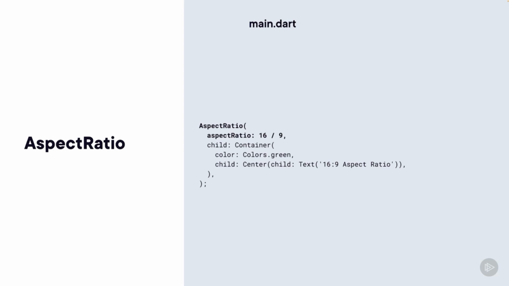No matter the screen size or orientation, this container will always keep this ratio, making it great for media content or other UI elements that need a consistent shape. We already have seen a demo of aspect ratio in the previous video. Let's quickly see another demo of aspect ratio.